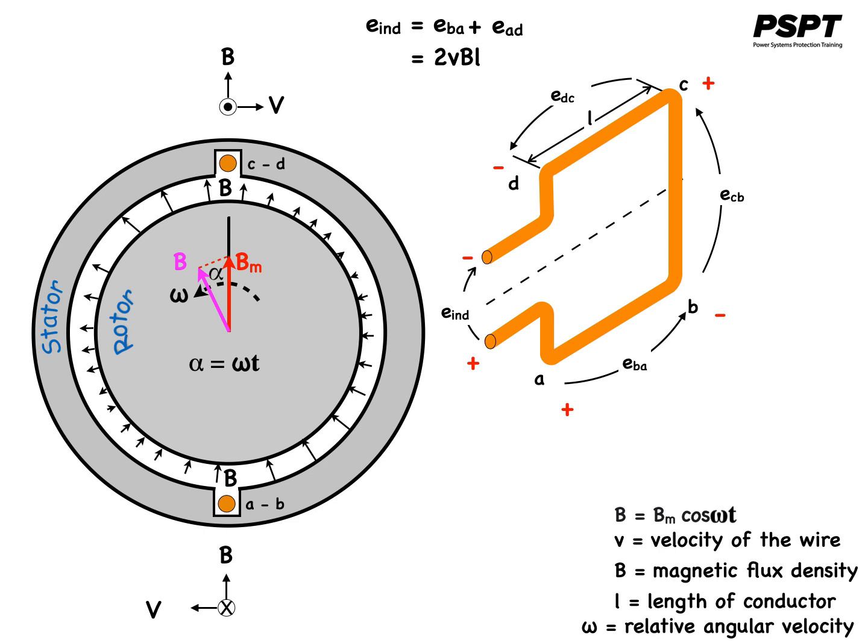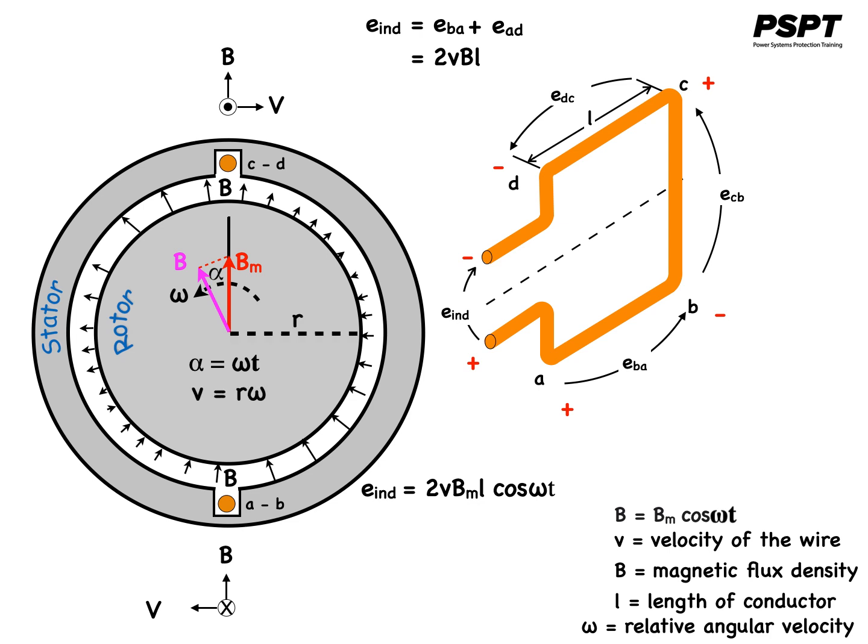Keep in mind that B is a varying magnetic flux as we go around the air gap, and Bm is the maximum value of that varying magnetic flux. This means the induced voltage in the coil is a varying value, and is given by the equation E induced is equal to 2 times V Bm L cos omega t.